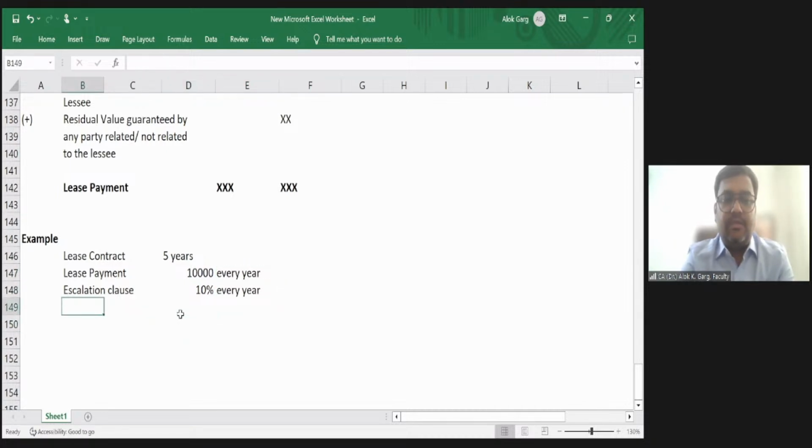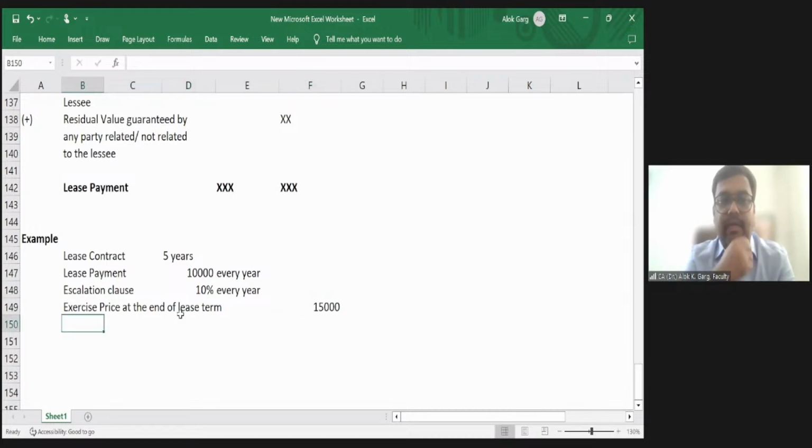So the exercise price at the end of the lease term is, let's say, 15,000 rupees.